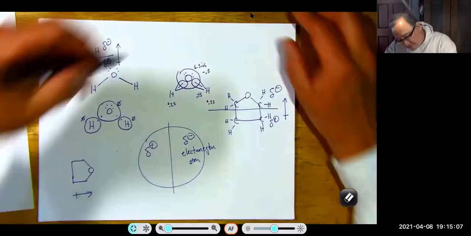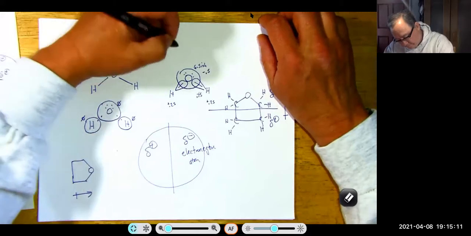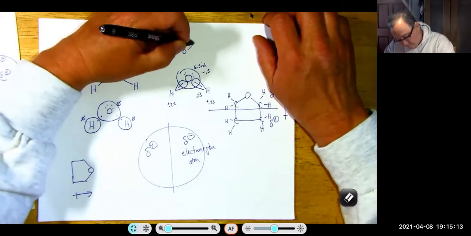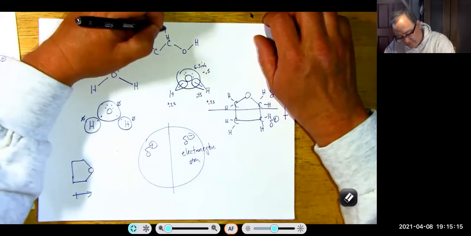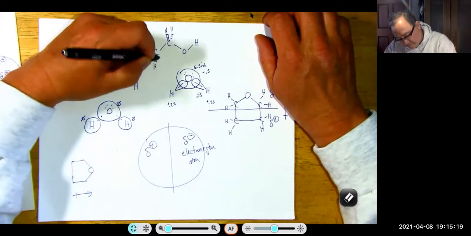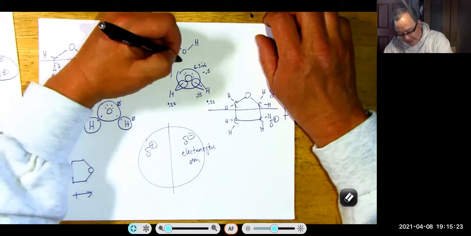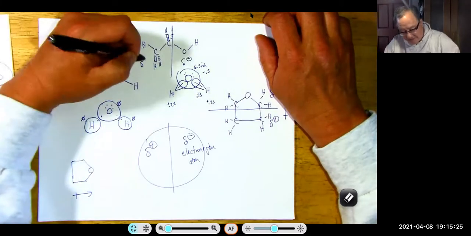This is ethanol. And here you can definitely see that this side is slightly negative and this side is slightly positive, right?